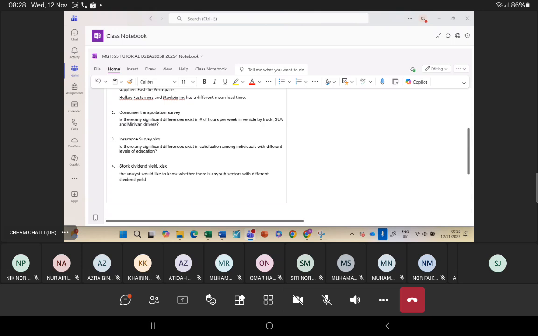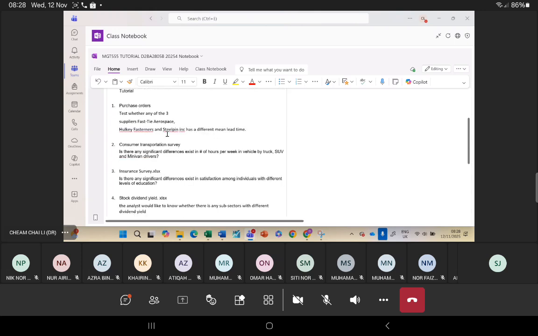Okay, and now talking about this. The variable is lead time. So lead time is the variable, and then we have 3 groups of the supplier. That's why we have this ANOVA, right?